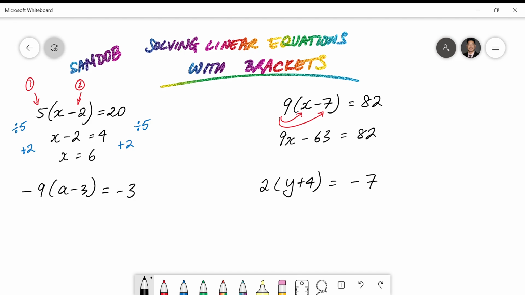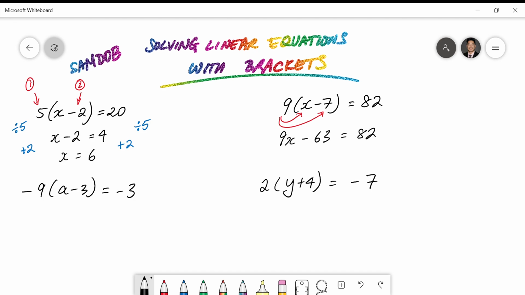This is where you need to know your timetables really well. Please familiarize yourself with timetables so you can do this a lot more efficiently, and you're not spending too much time trying to figure out what is 3 times 7 or 64 divided by 8, things like that.